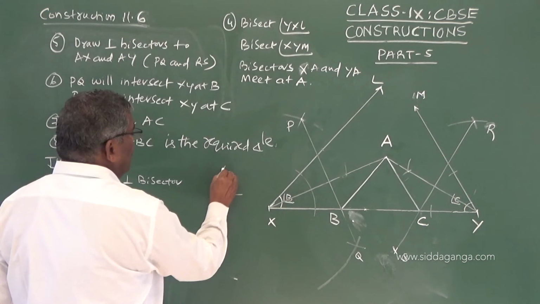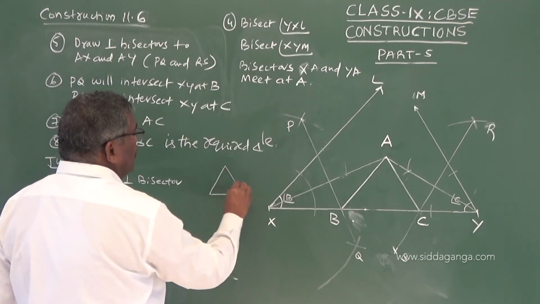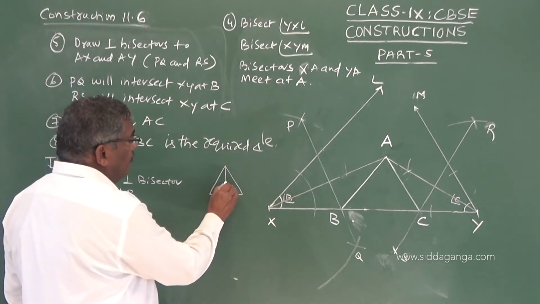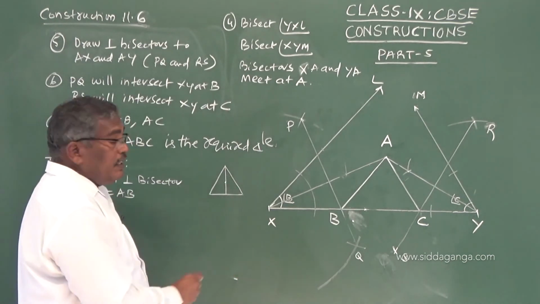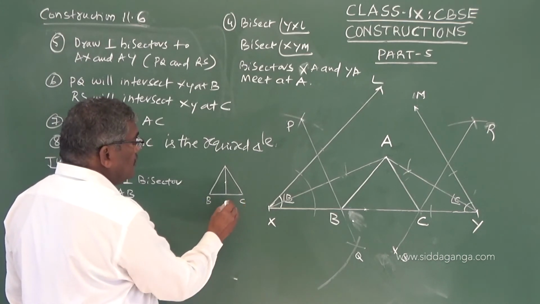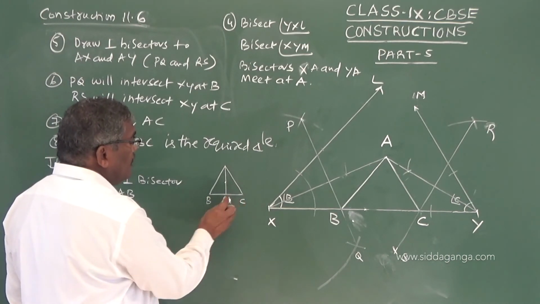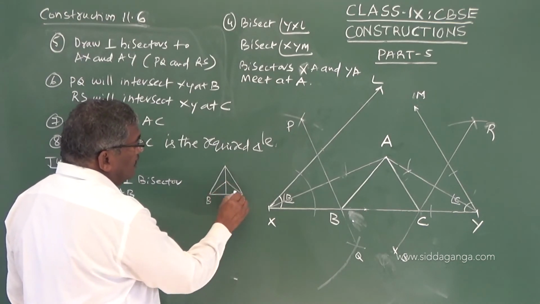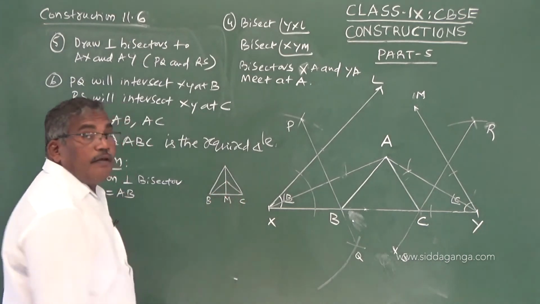You have this knowledge: in a triangle, if a perpendicular bisector is drawn, and from any point on that perpendicular bisector, this is B, this is C, this is point M, let us say, if you draw two lines from any point on it, these two lines will be equal.